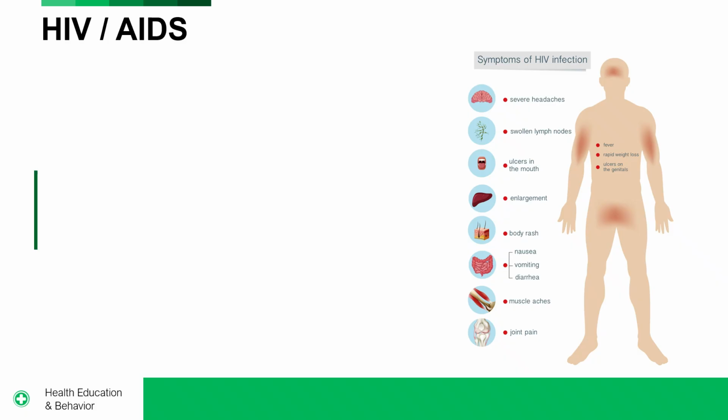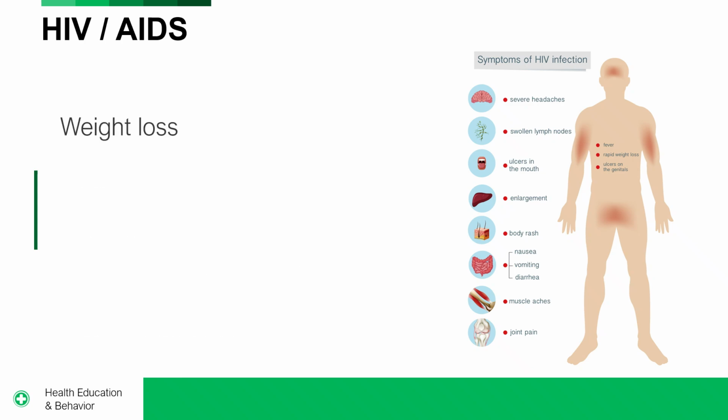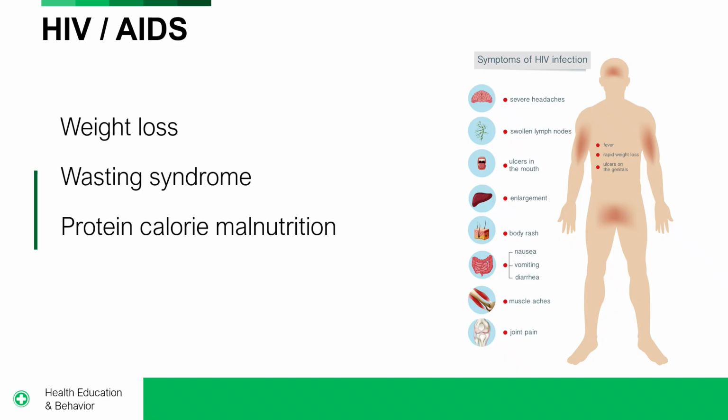So, when you look at the symptoms of HIV/AIDS, they include nausea, vomiting, diarrhea, lipodystrophy or body fat redistribution, insulin resistance, weight loss, wasting syndrome, protein calorie malnutrition, esophagitis or inflammation of the esophagus, and oral lesions.